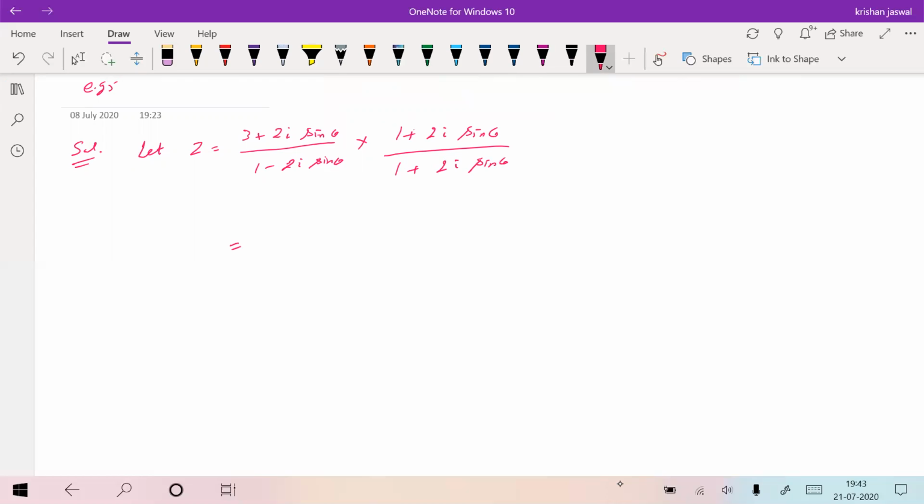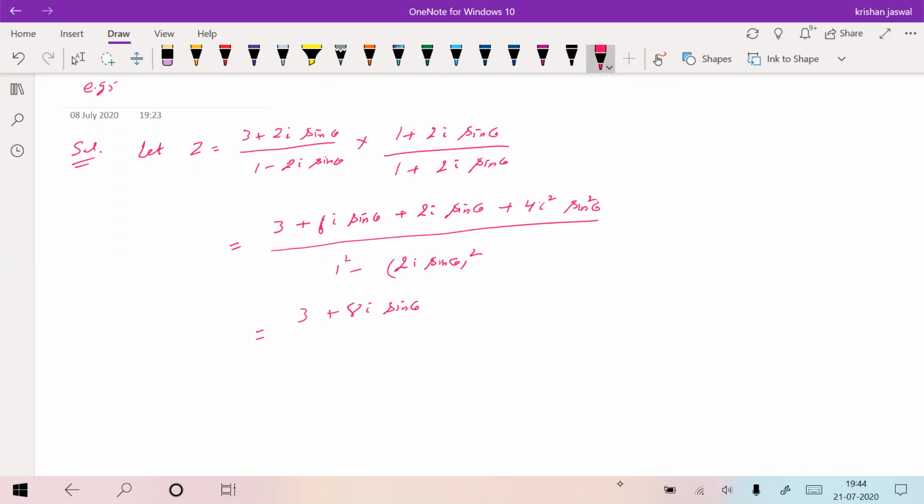That is 3 times 1 is 3, 3 times 2 is 6 iota sine theta, plus 2 iota sine theta, plus 2 times 2 is 4 iota square sine square theta, over a minus b times a plus b, which is a square minus b square, which is equal to 3 plus 8 iota sine theta, with iota square being minus 1, minus 4 sine square theta, over 1 minus 4 iota square sine square theta, which is 1 plus 4 sine square theta.